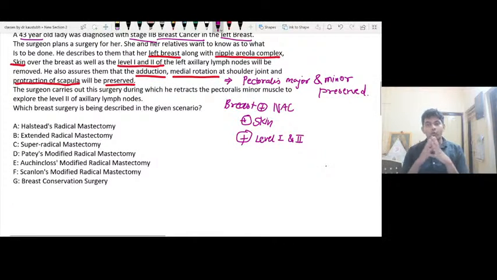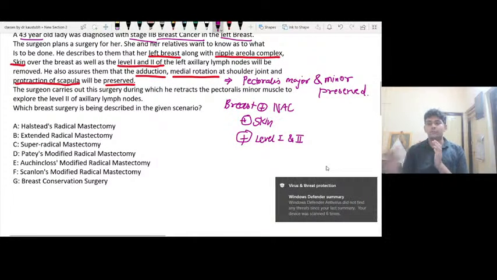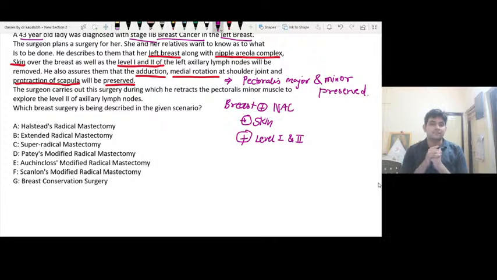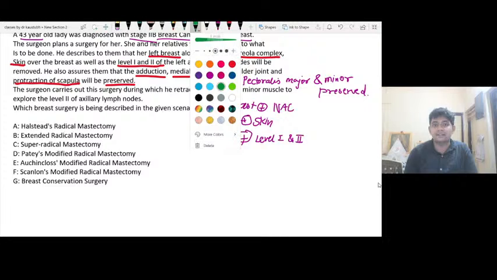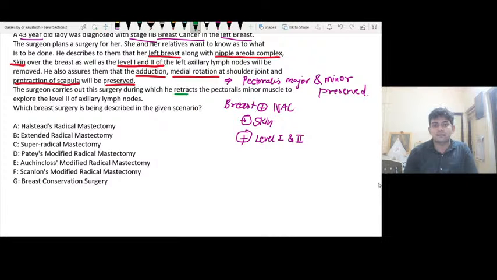So now we have all the things we need to pick up from this given specific scenario. Now one step ahead they have given, that during the surgery the surgeon retracts pectoralis major muscle. Okay, what we have here, that during this surgery the surgeon has retracted pectoralis minor to explore the level 2 of axillary lymph nodes, right?